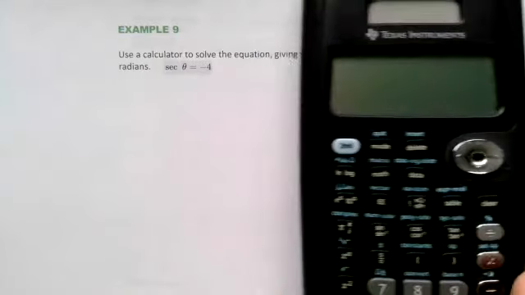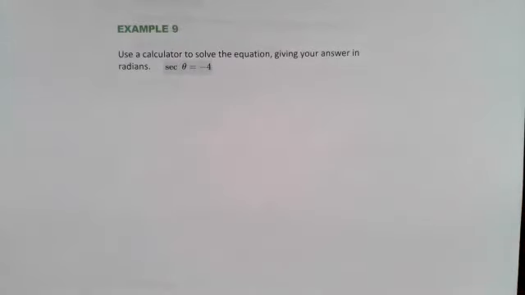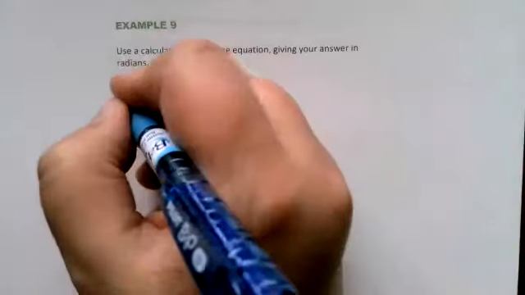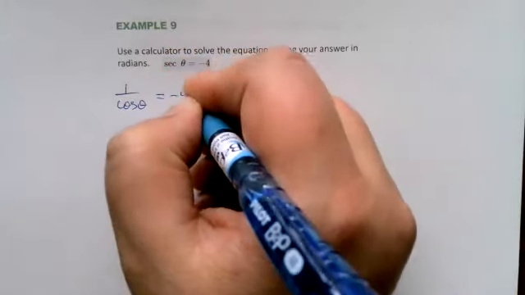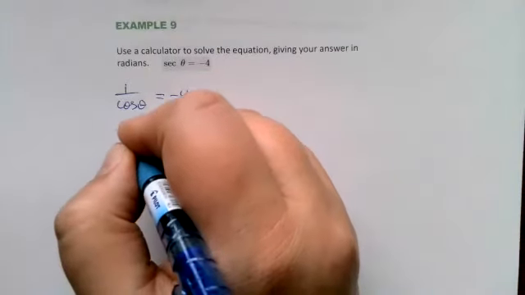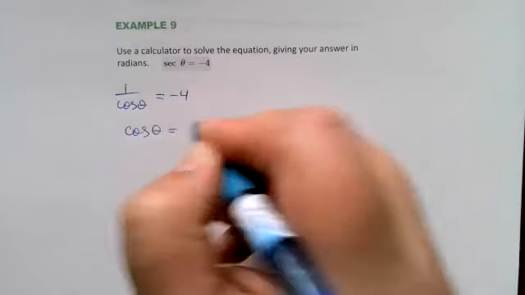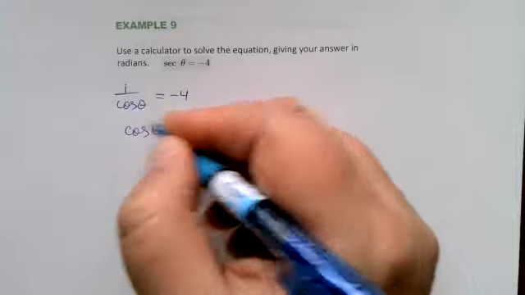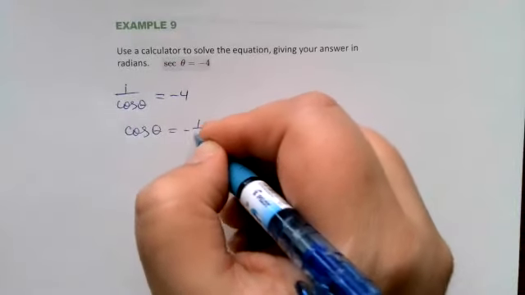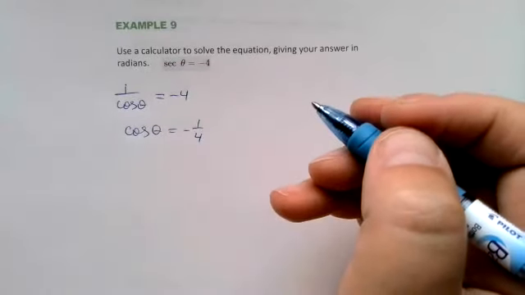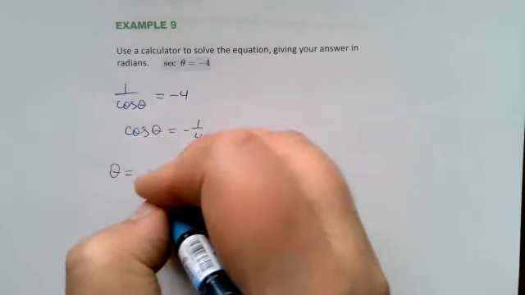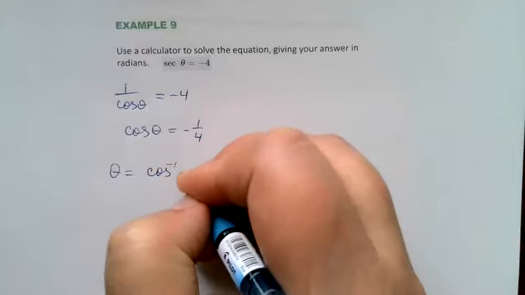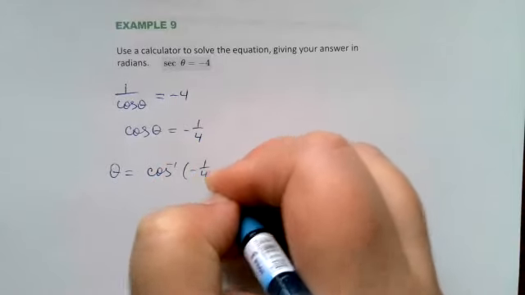So we have to transform our secant into 1 over cosine. So 1 over cosine theta is -4. We're going to flip both sides, so cosine theta is -1/4. Now we're going to do theta equals the inverse cosine of -1/4.